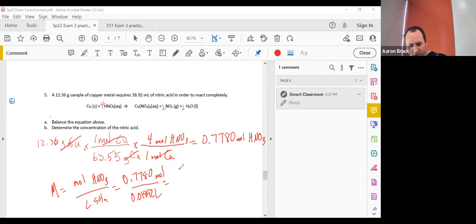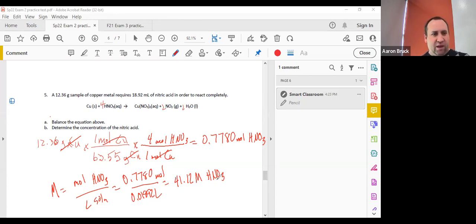And so this would come out to be 41.12 molar nitric acid, which is like 2.5 times the limit of how concentrated nitric acid can actually get.